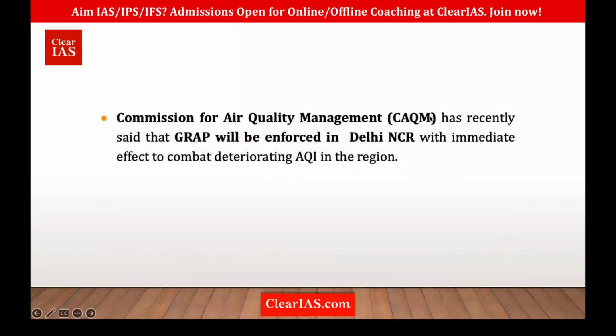So this is actually implemented by whom? The Commission for Air Quality Management. According to this, recently the Graded Response Action Plan has been enforced in the Delhi NCR region. We already saw how low the air quality is in Delhi.